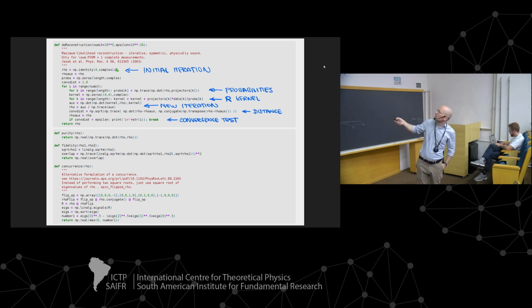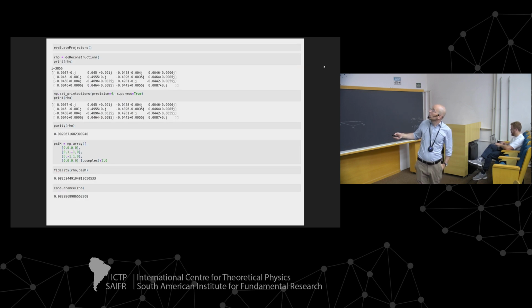Okay, this is a little bit old Python anyway, and these are only auxiliary functions for evaluation of results, so how to compute purity, fidelity, and measure of entanglement concurrence. So, and that's all. Let's evaluate projectors, make a reconstruction.